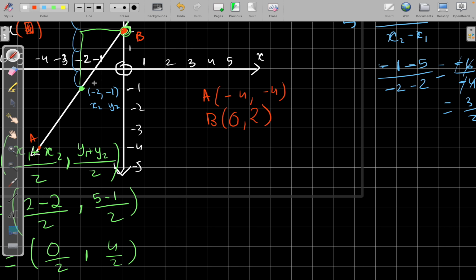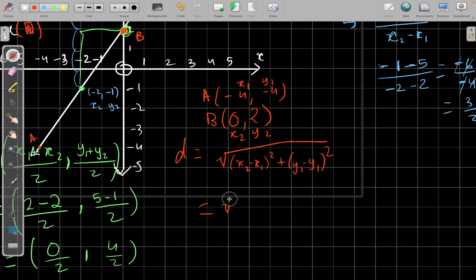So the midpoint between the green points. So the distance formula is, we'll call this x1, y1, x2, y2.